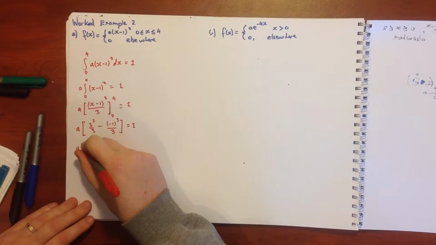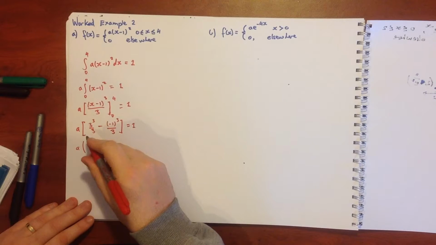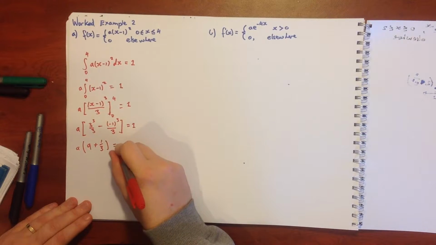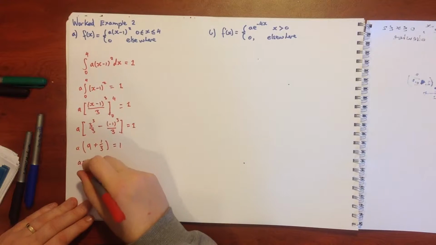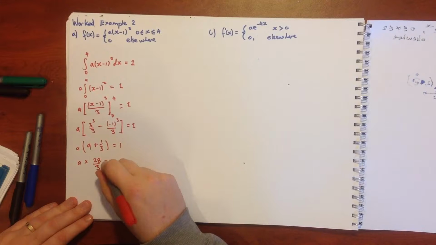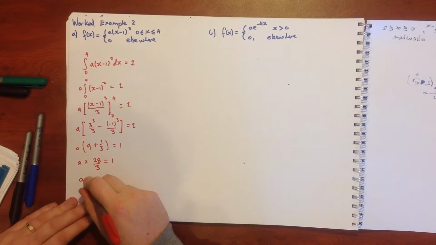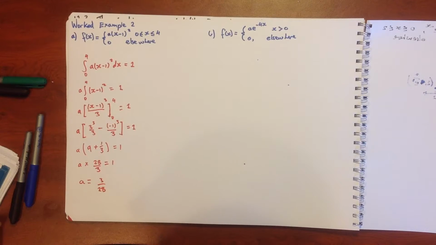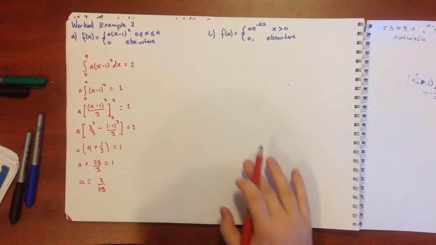So we get a times 9 plus a third equals 1. So a times 28 on 3 equals 1, which means that a is going to be 3 on 28. So that's going through integrating it based on that.